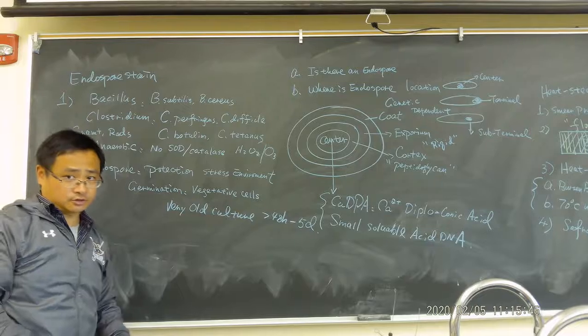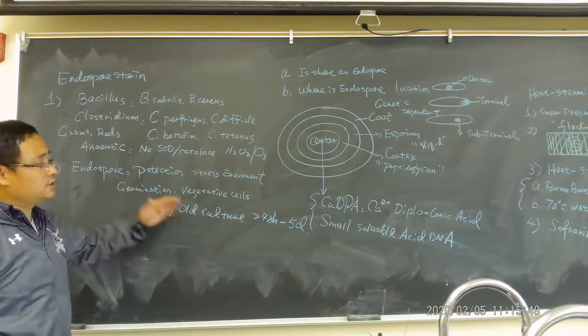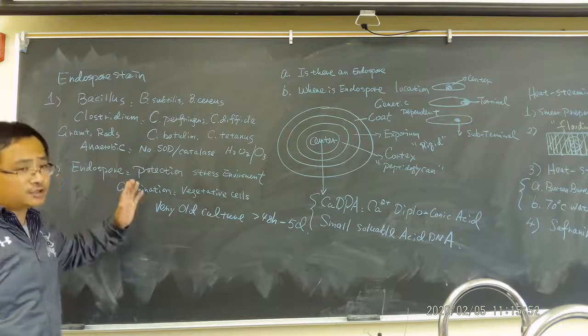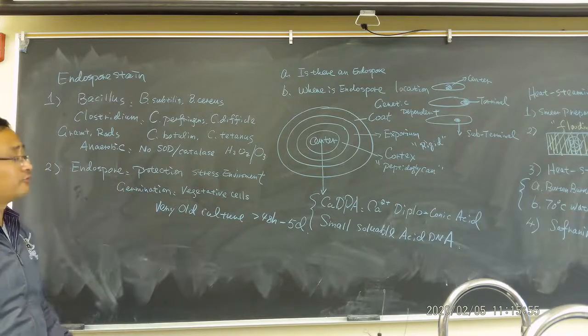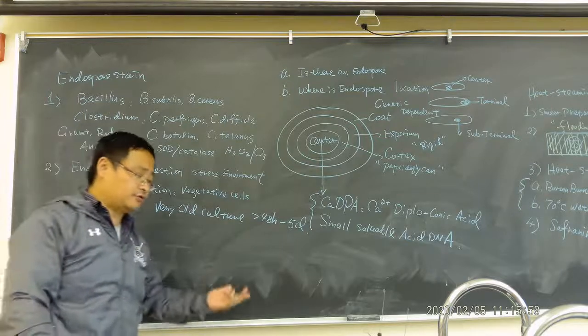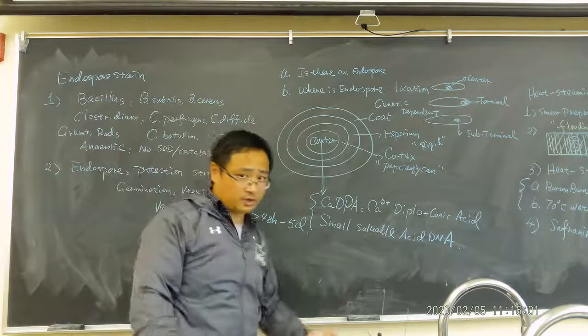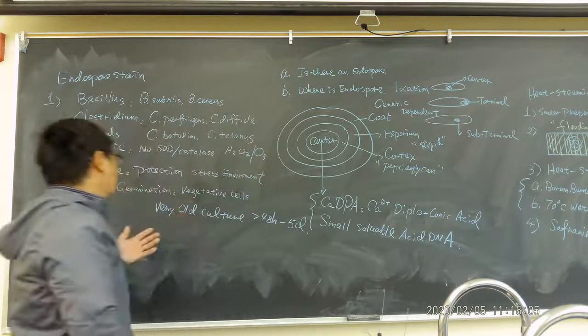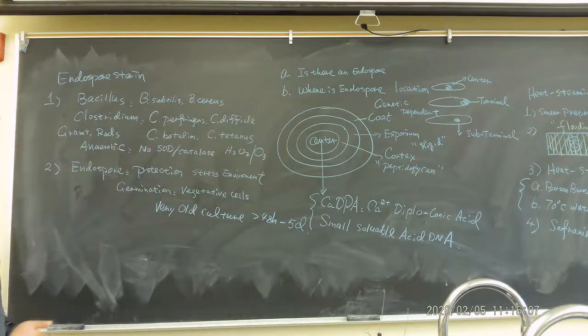That is important. So instead of using a young culture, we usually prepare at least 2 days or even 1 week before to let the bacteria form endospores. That is different from the Gram stain, where we have to use a very young culture. Okay, so that's something we want to mention.